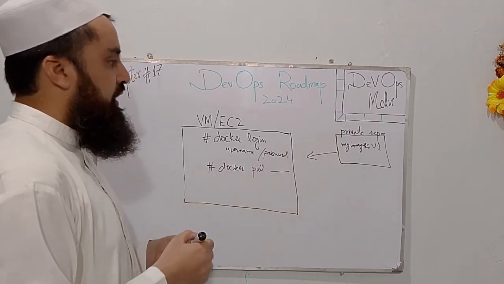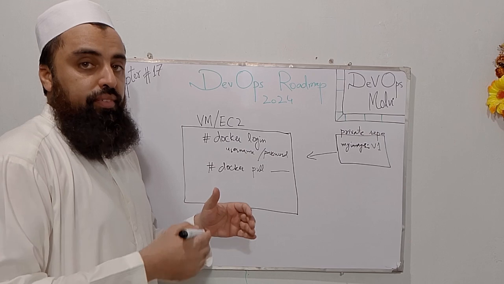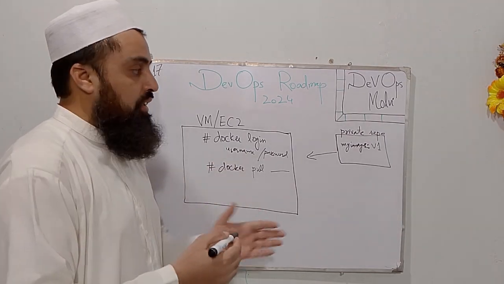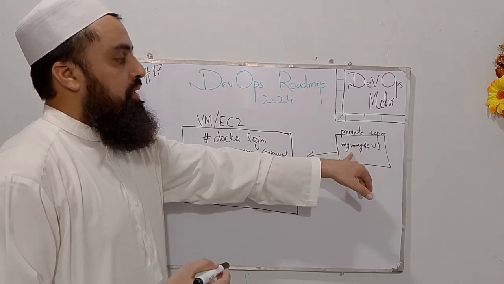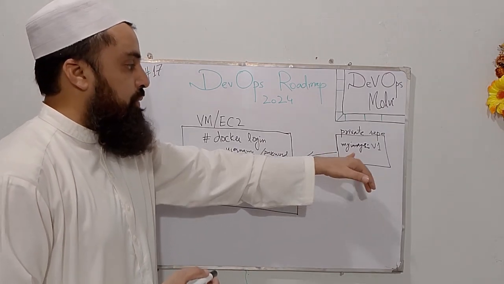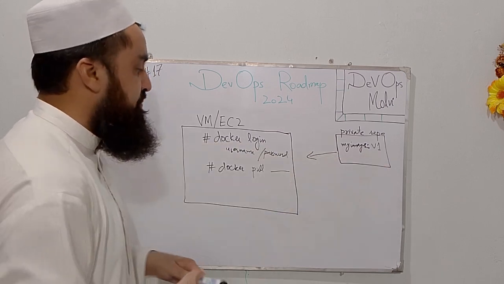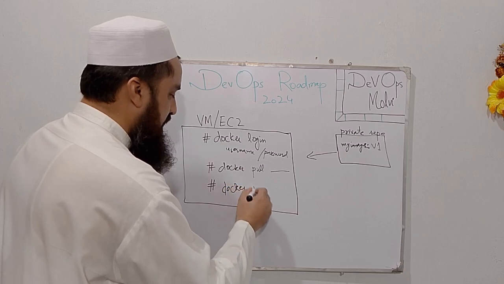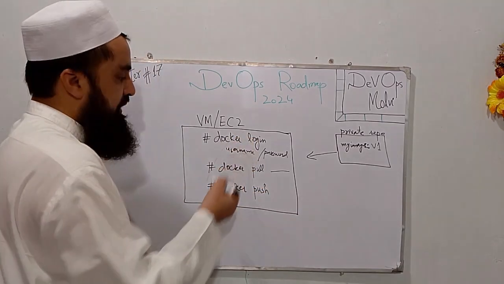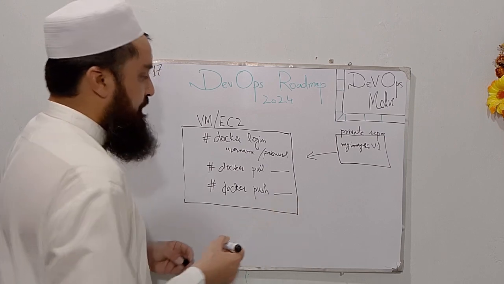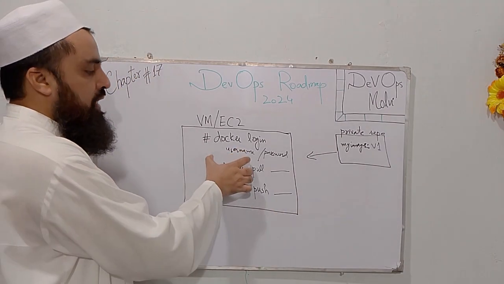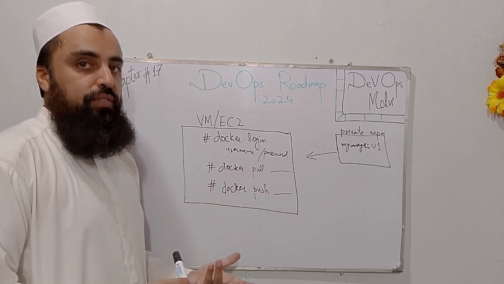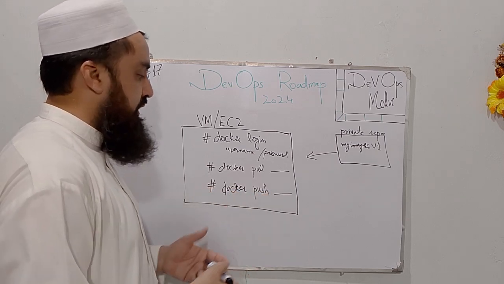For instance, I'm working on this image and I have made some changes, and now I want to push the updated version of the same image to the private repository, which is my image version 1. Then I would use the docker push command, and I don't have to give the credentials again and again. But if I am logged out from my VM and I run the docker pull or docker push command, then it would give us an authentication or authorization error.